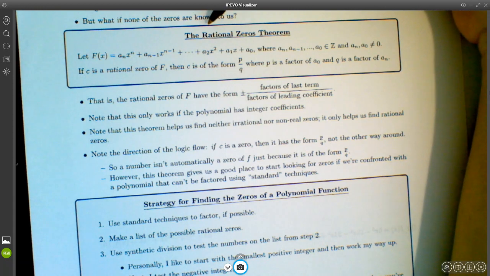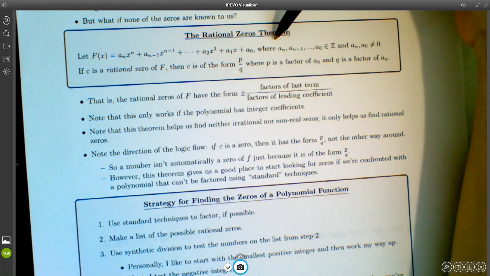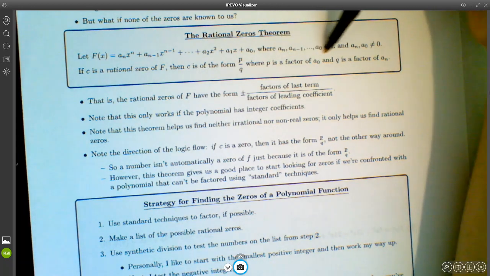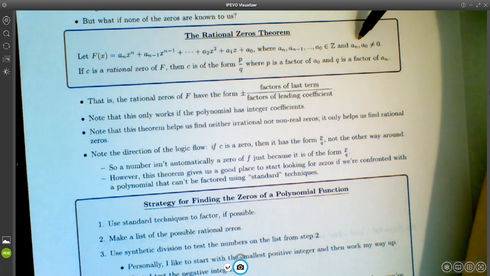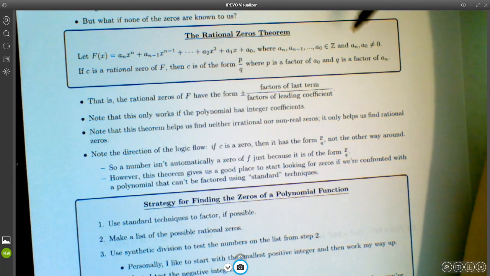So the rational zeros theorem tells us that if you have some polynomial, okay, with integer coefficients, so the coefficients on your polynomials are all integers, and of course the first and last term are non-zero, right?